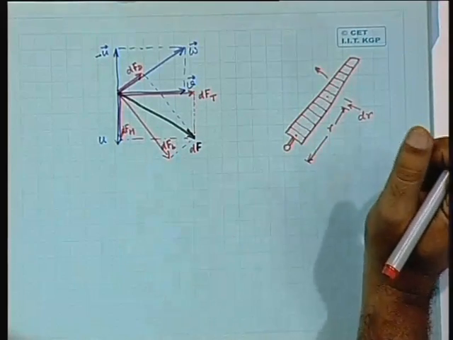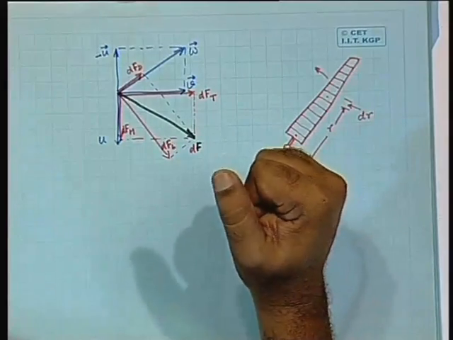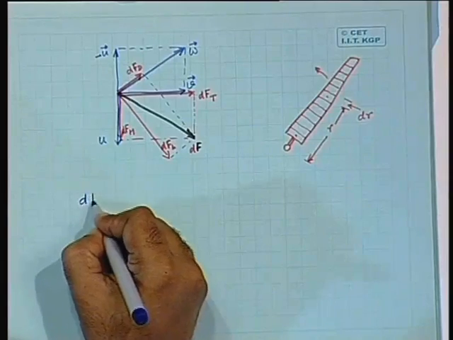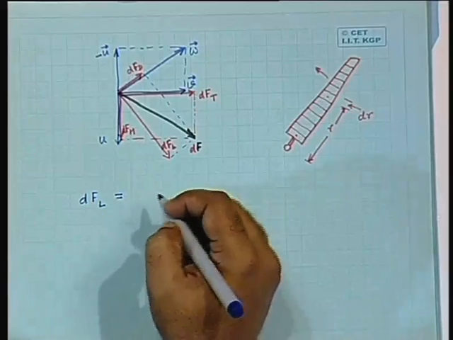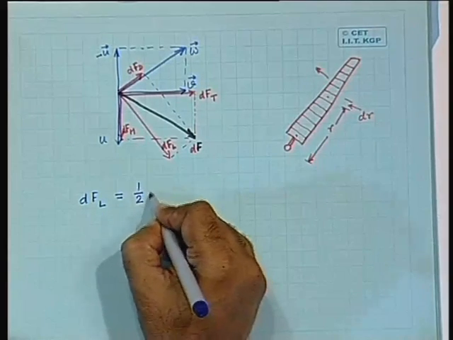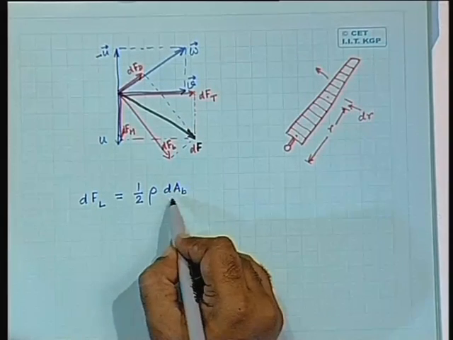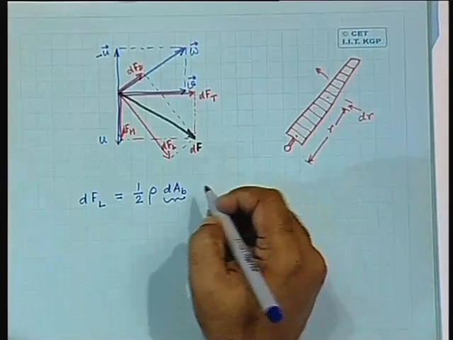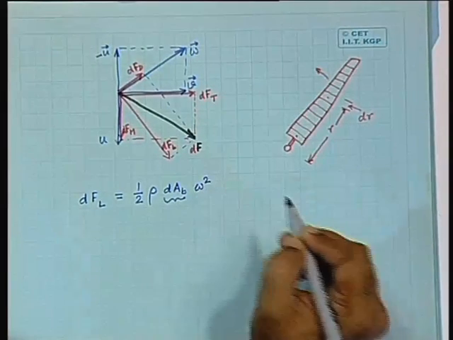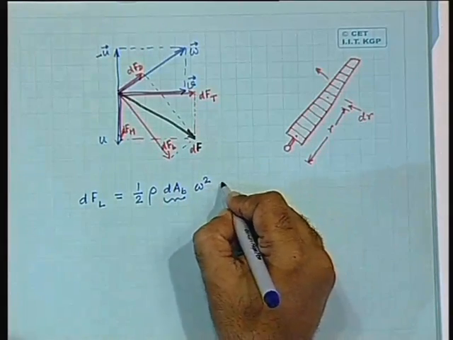Now, what will be the lift force produced? The lift force produced, dFL, its expression is half rho dAB, where dAB is the area of the blade, then W square times a very important factor that is called the lift coefficient CL.